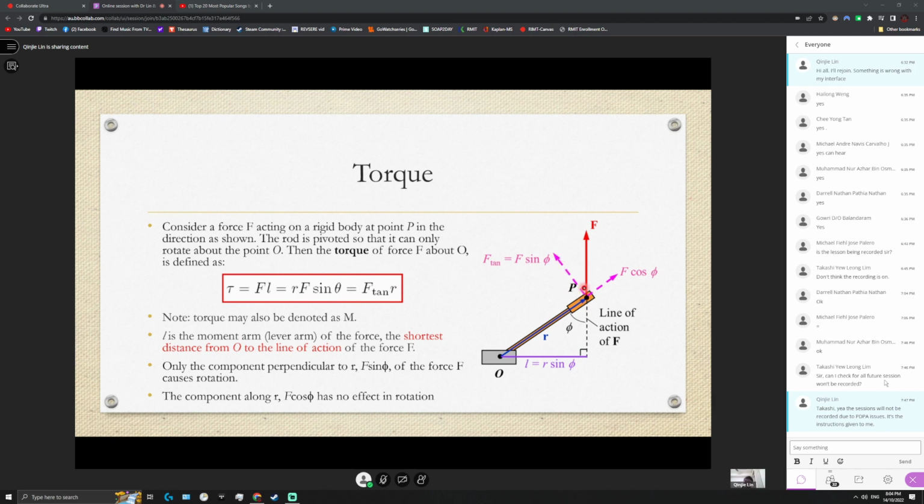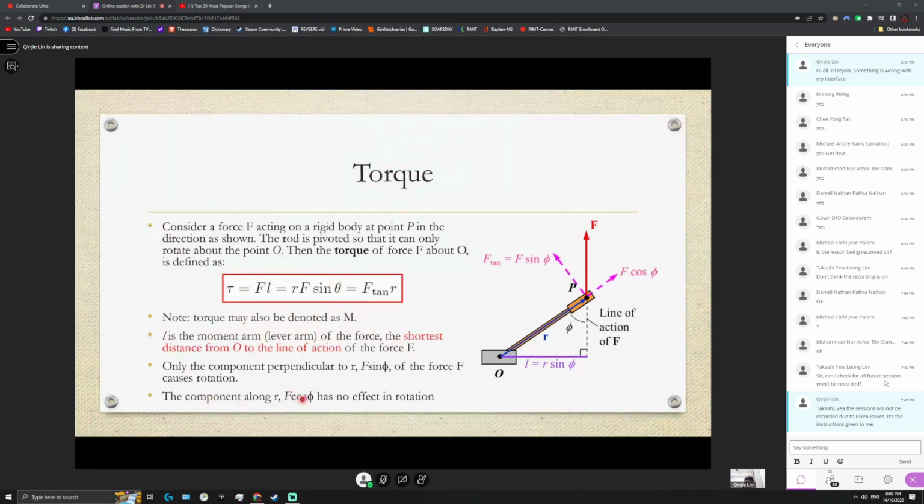Only this will be used to calculate the torque. If you take F sine phi times the perpendicular distance, which is R, you are going to get back the same thing. Two different ways of seeing the same thing.